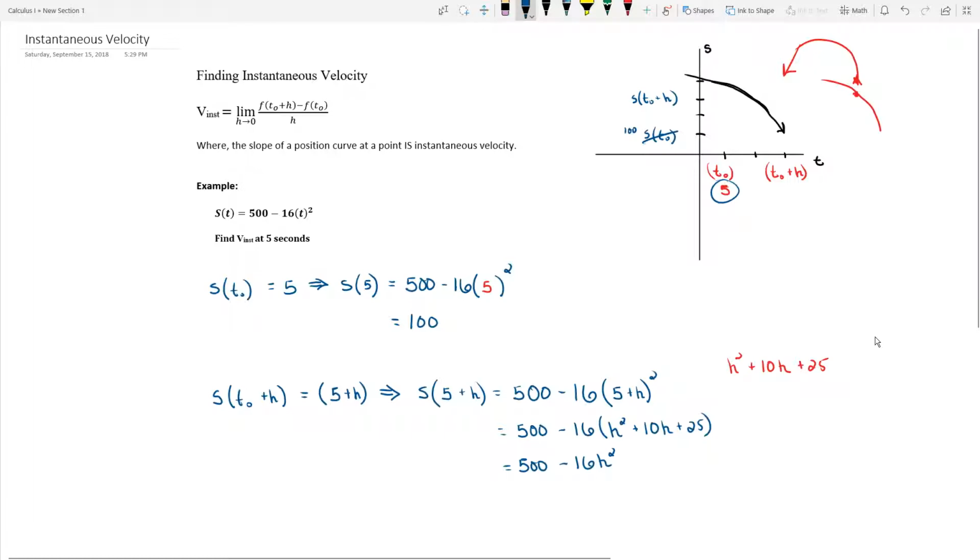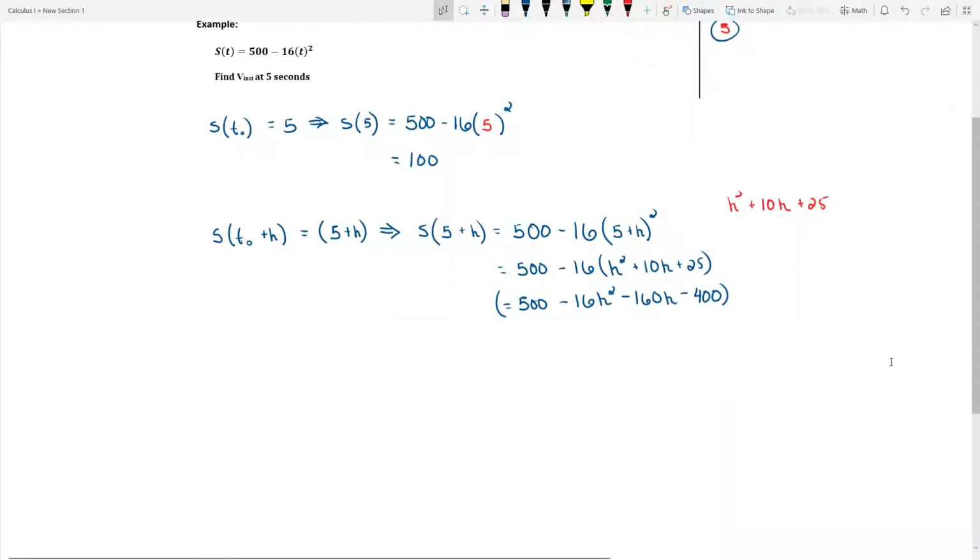Negative 16 times 10h is going to give us minus 160h. And negative 16 times 25 is going to give us, let's see here, negative 400. So we have solved for both of those, and utilizing our difference quotient, then we can go ahead and substitute that in.